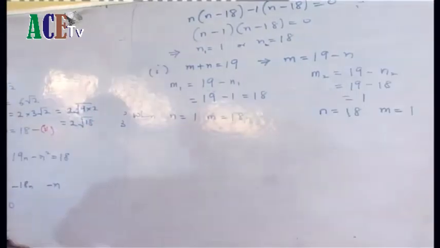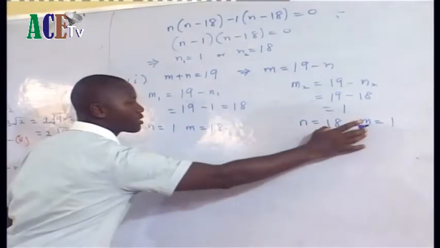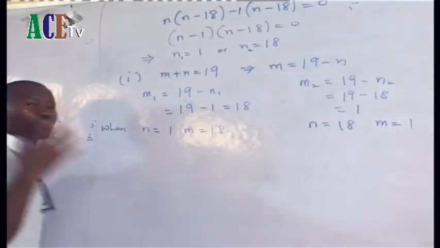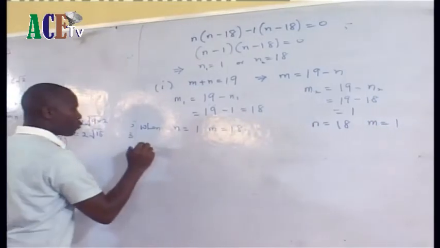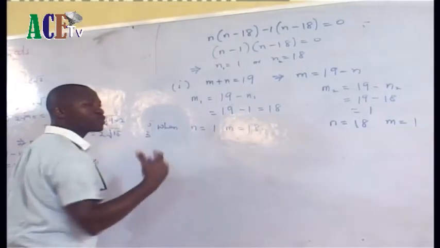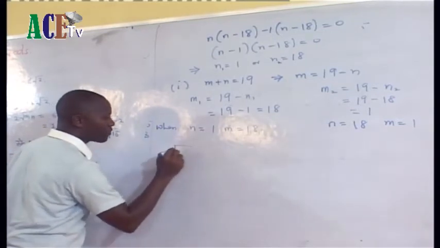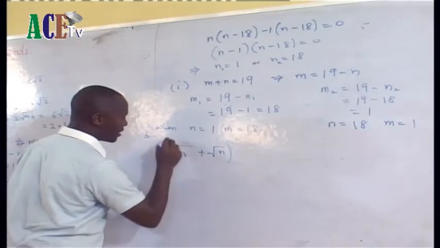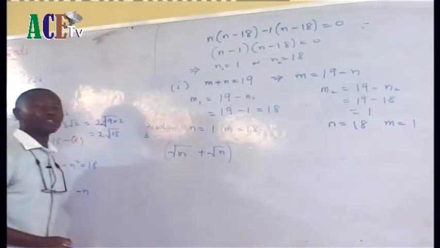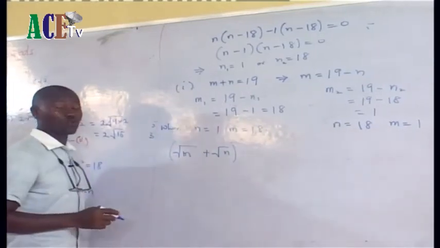These are the two results that we have gotten. They will produce the two square roots for us. So we now try to find which one is positive and which one is negative. We should not forget that we assumed that the square root of m plus the square root of n is the square root of 19 plus 6 root 2.